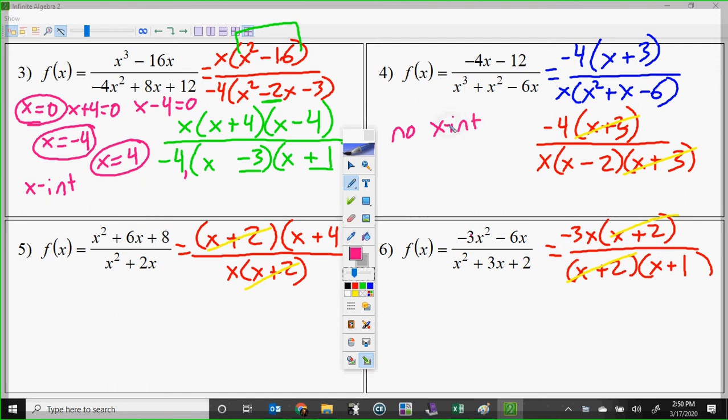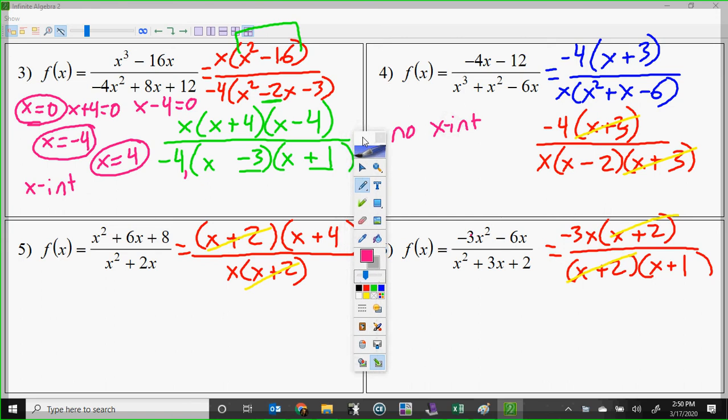Okay. Look at number 5. Number 5, I canceled out the x plus 2, but I still have an x plus 4 left on top. Set it equal to 0, and I get an x-intercept of x equals negative 4. Come over to number 6. Well, what's on top that I haven't canceled out? I see a negative 3x.